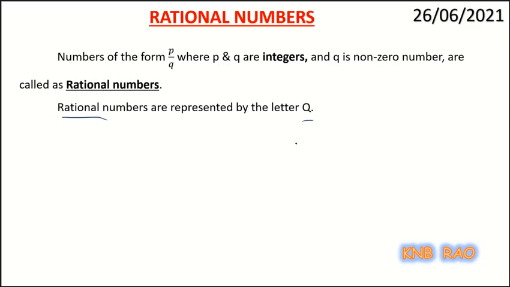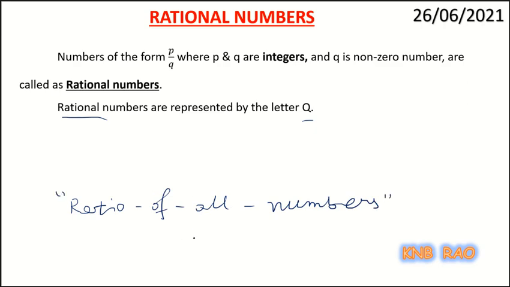I explained to you in your class 8, because the phrase ratio of all numbers, this is the phrase which made us get the name rational numbers, ratio of all numbers. What is the meaning of ratio of all numbers?